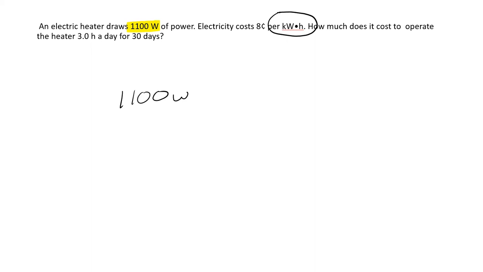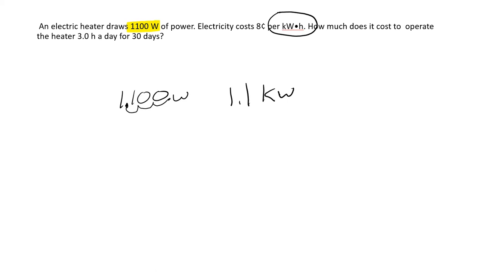So how am I going to find out how many kilowatts are in a watt? I'm going to move the decimal point over 3 places to the left. 1, 2, 3. So that gives me 1.1 kilowatts. Now, when we figure out kilowatts, it's a kilowatt.